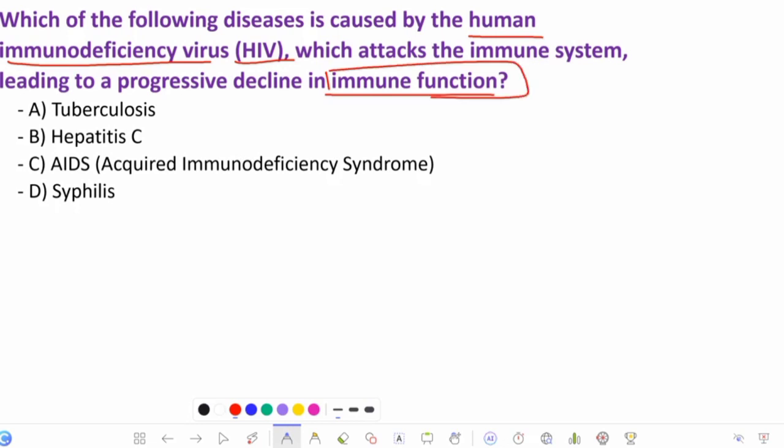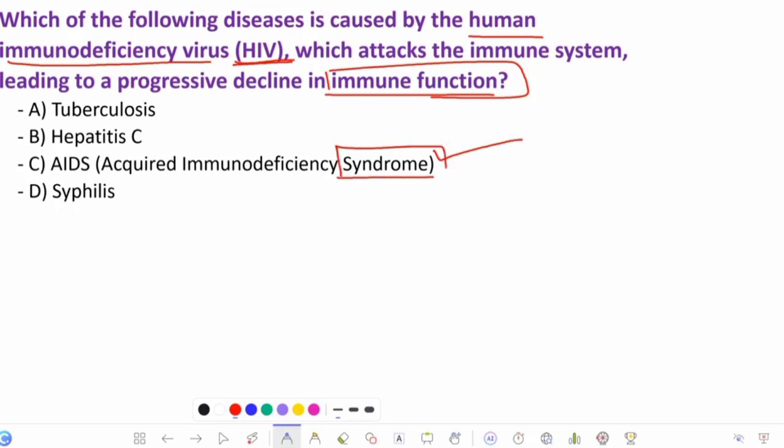So immune function becoming low is a characteristic of HIV. The options are tuberculosis, hepatitis, AIDS, and syphilis. So it is AIDS, acquired immunodeficiency syndrome. Syndrome means a combination of multiple infections and disorders.